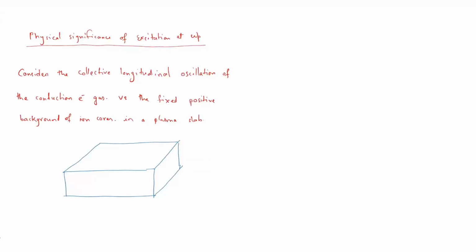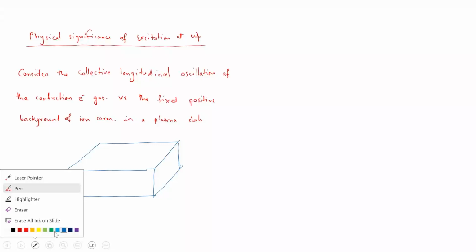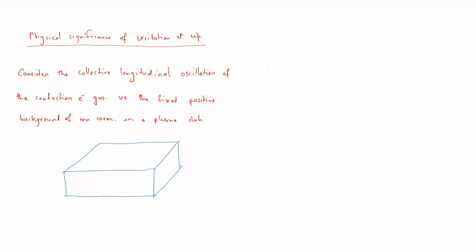So this is our first assumption. We are saying that the electron cloud is collectively displaced by a distance u.